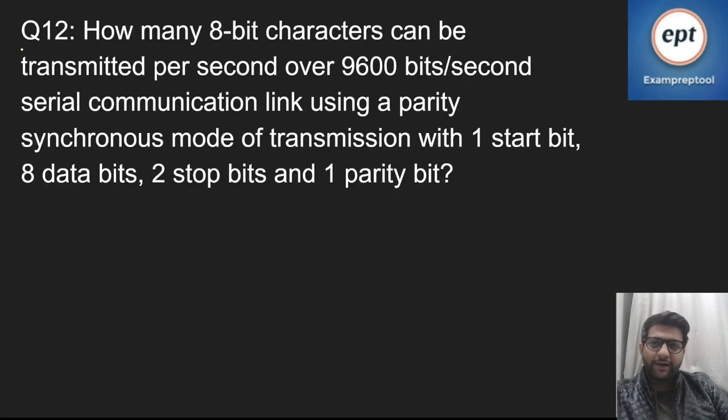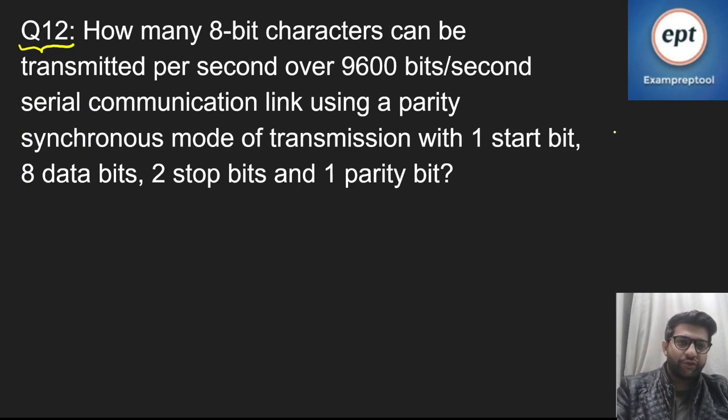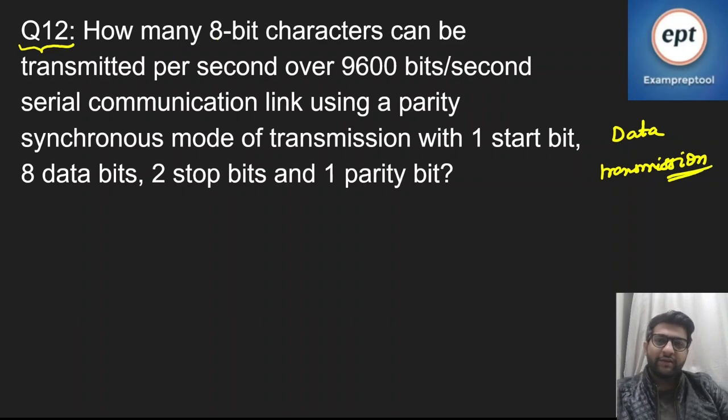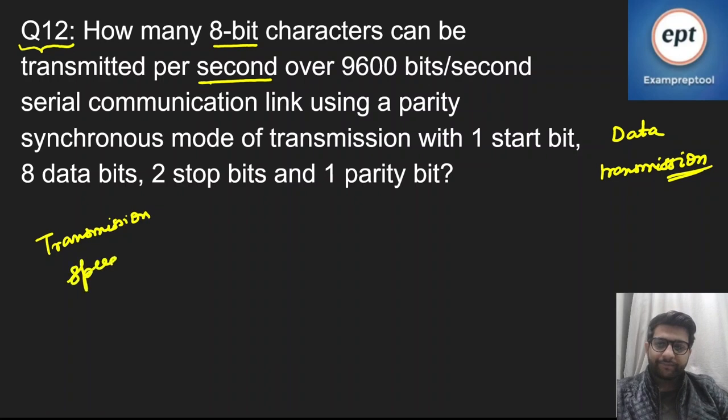So let's move to question number 18. This is some new type of question. This is a question on data transmission. Here it is given: how many 8-bit characters can be transmitted per second? So it is asking for the transmission speed over 9600 bits per second serial communication.